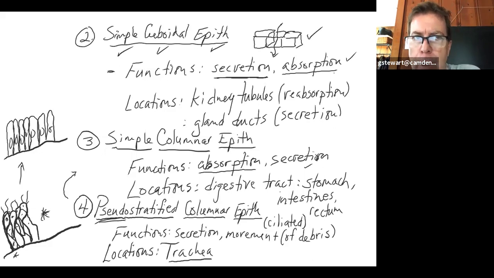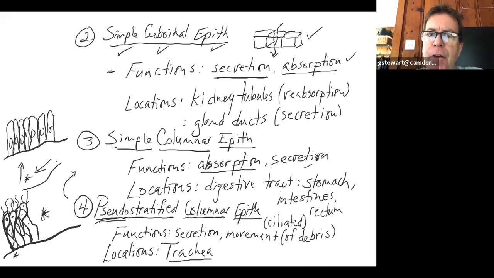That's why we clear our throats multiple times a day just from mucus secreting from these cells. Also, we inhale things, dust and debris, into our airways all the time, and these little cilia help propel that stuff back up out of our airway. So hence the function, secretion, and movement of debris.